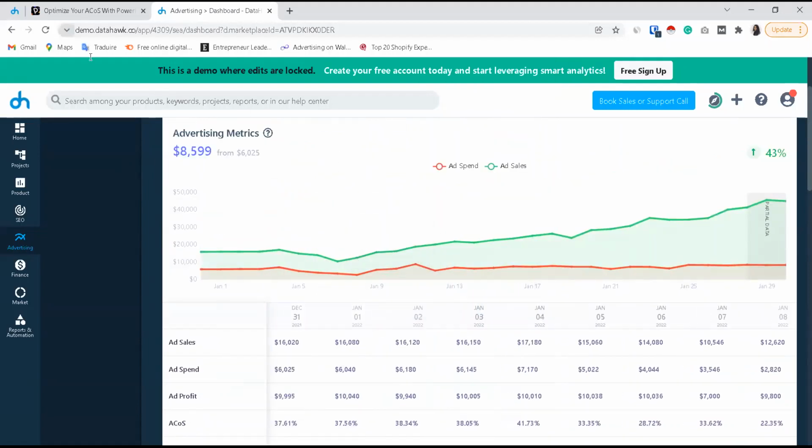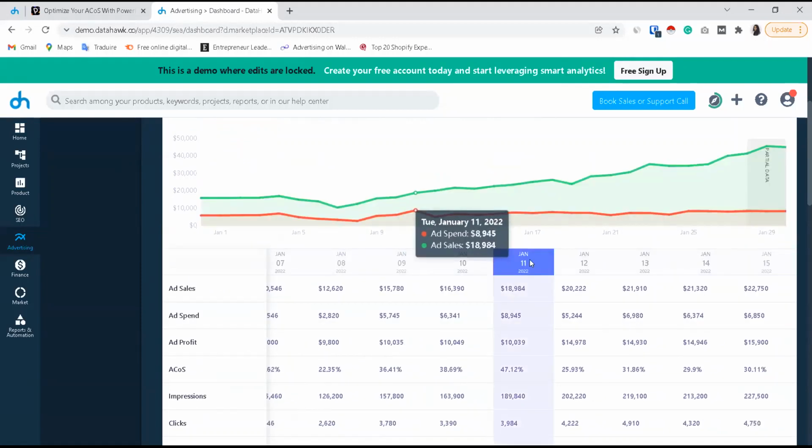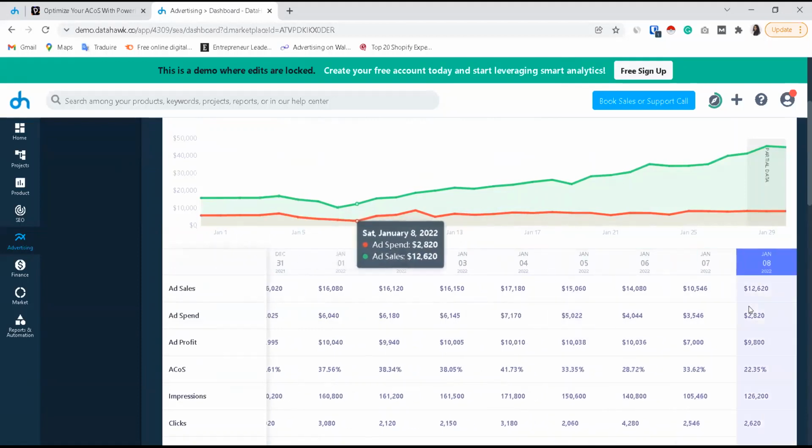For example, on Jan 8th, we have 2,820 as ad spend, and the ad sales were 12,620. It helps you see all of this in one place. It's not stuck in one point and then another, it's right there. And if the tool shows you ad profit, as I mentioned previously, it's even better, because you know the profit you made because of this particular ad running.